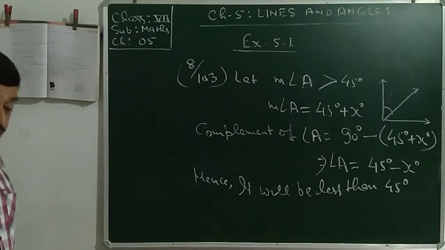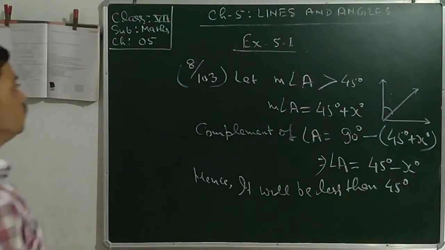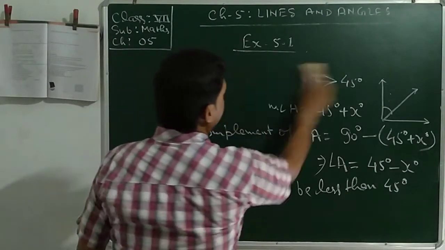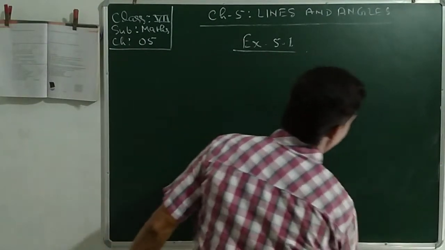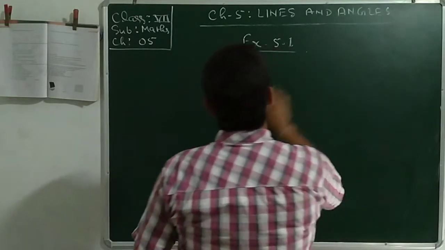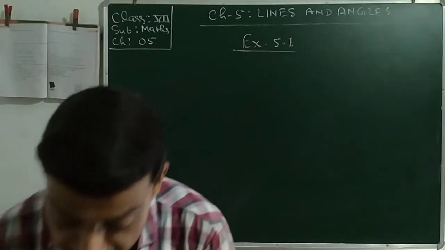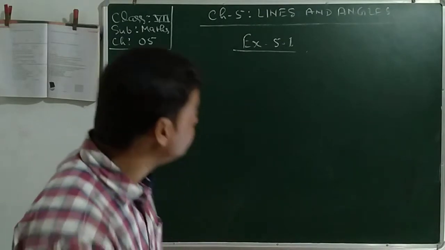Now, after going up to 8, come to the 9 number. One figure is given there in the 9 number. Let me draw that figure to clarify the things. Several angles are also drawn there.